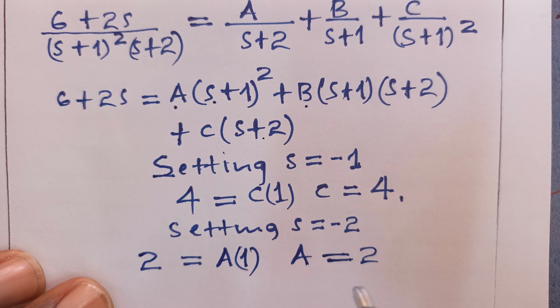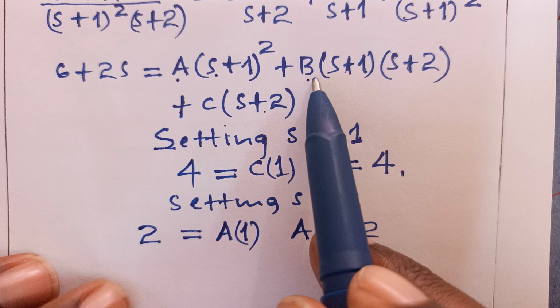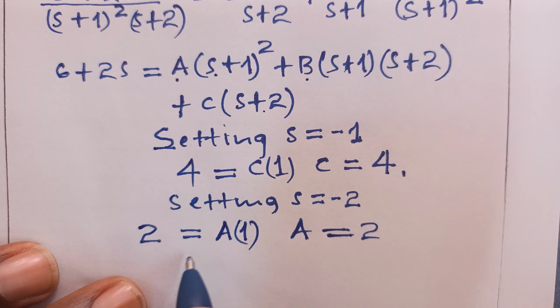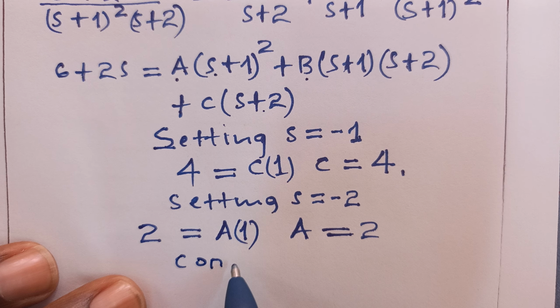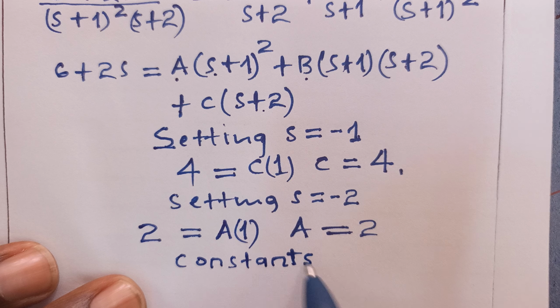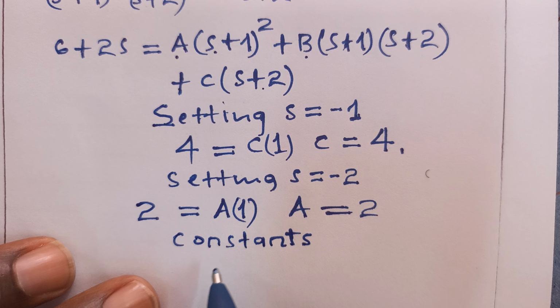And then we have the last case where we want to find B. Guys, we can use the issue of constants, and let me write here constants. Let me leave you to try that and see whether you're going to find what I also find.